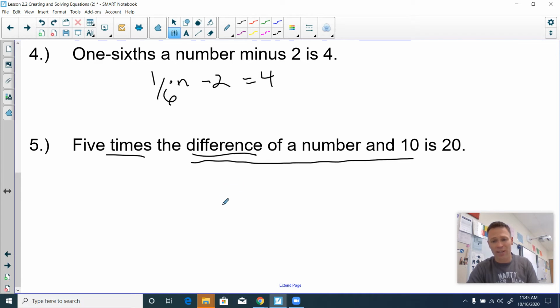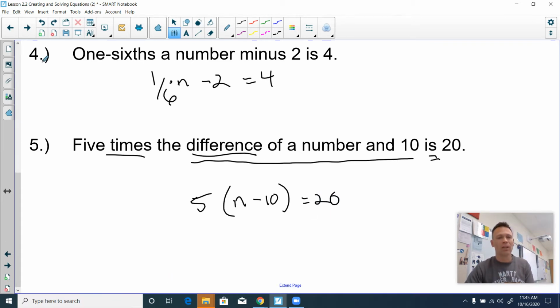Remember, we talked before, the order has to happen exactly as it's stated. So a number and 10, so n minus 10. And then 5 times that difference, with parentheses around it, indicates that the difference has to happen first, and then I am multiplying that by 5. And then it equals 20.